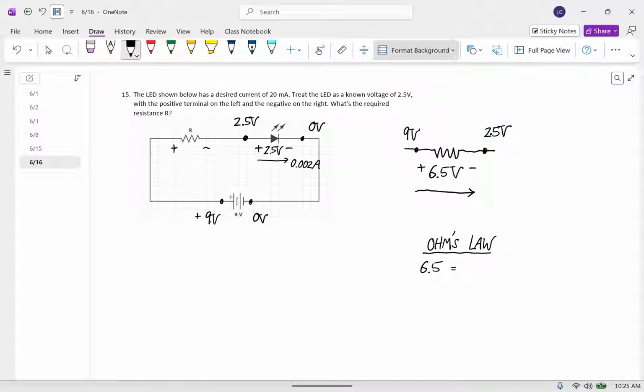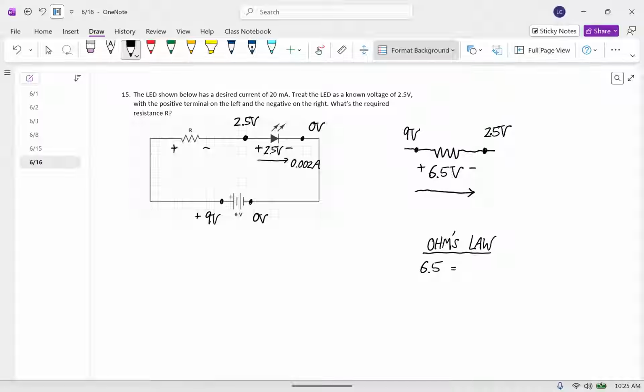How do we know what the current is through the resistor? Because if we don't know the current through the resistor, we can't use it in Ohm's law. If the current is 0.002 amps here, but it's 0.006 amps here, what matters is the 0.006 amps for Ohm's law. Okay. So how do we know what the current is here?